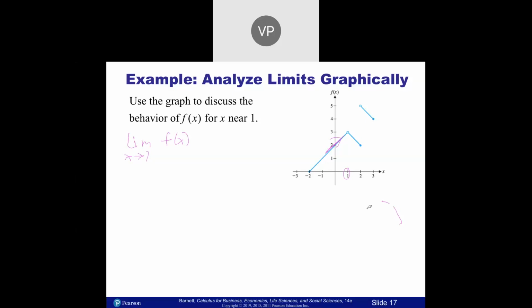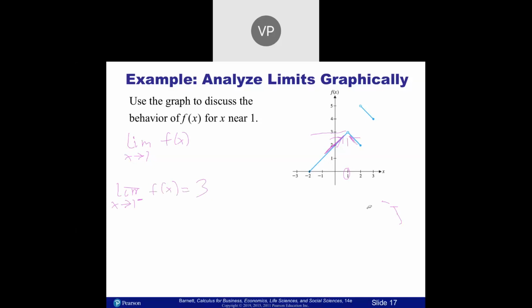Look at your graph leading up to 1. And it looks like from the left side, x approaches 1 from the left. That's what that negative means. Remember, it doesn't mean negative 1. It means the left side of positive 1. It looks like it's approaching the value of 3. It's getting higher and higher and higher, and it's approaching 3.